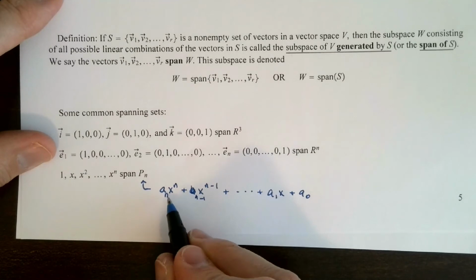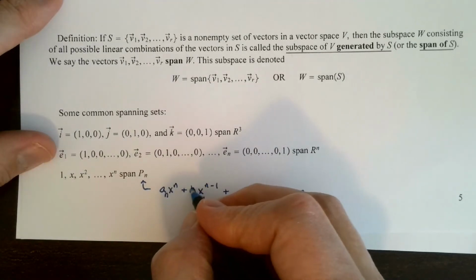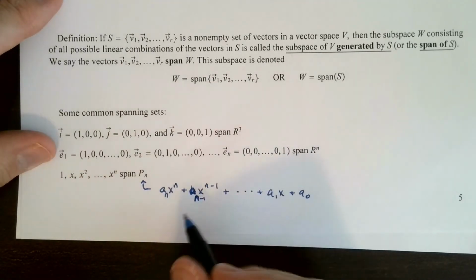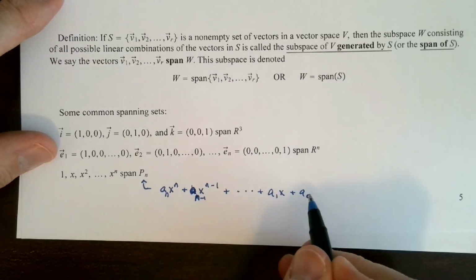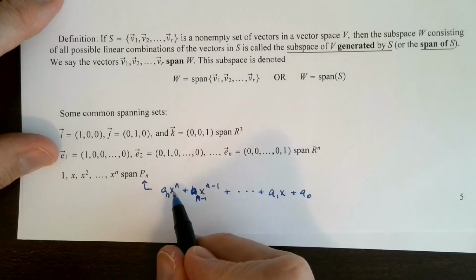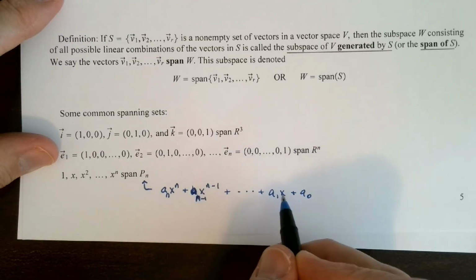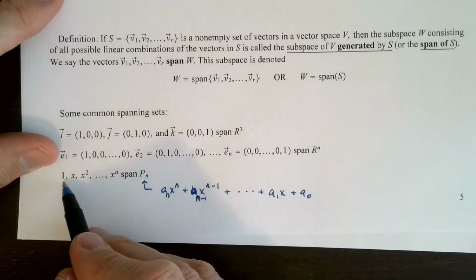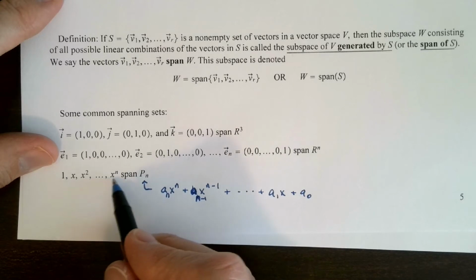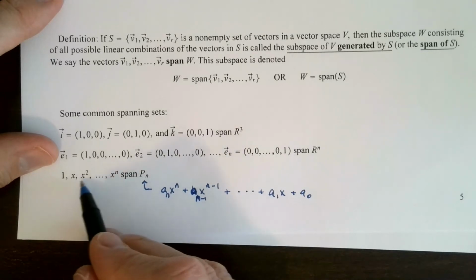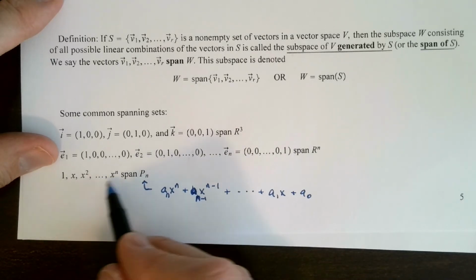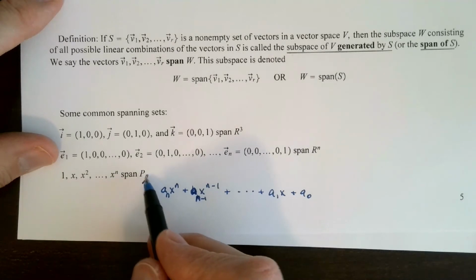All these coefficients are real numbers, but the vectors are x to the n, x to the n minus 1, and so on. So those are the vectors. Any linear combination of these spans P sub n, the set of all polynomials of degree n or less.